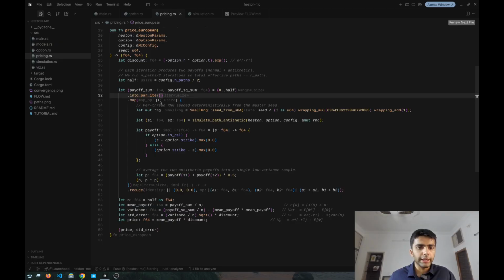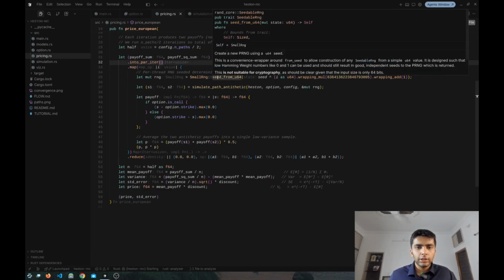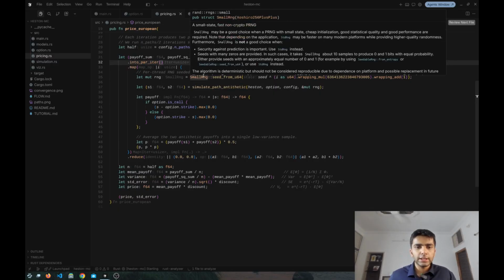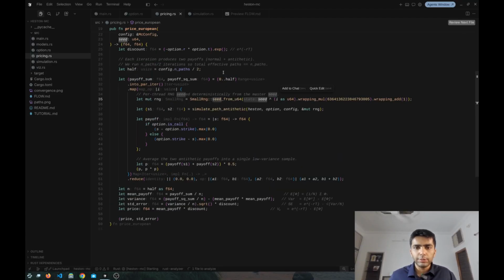multi-core threading here. And then for each index, for each path, we initialize an RNG. So basically this will initialize a random number generator which will use the seed that was provided by the user, and then simply multiply it by this big constant.